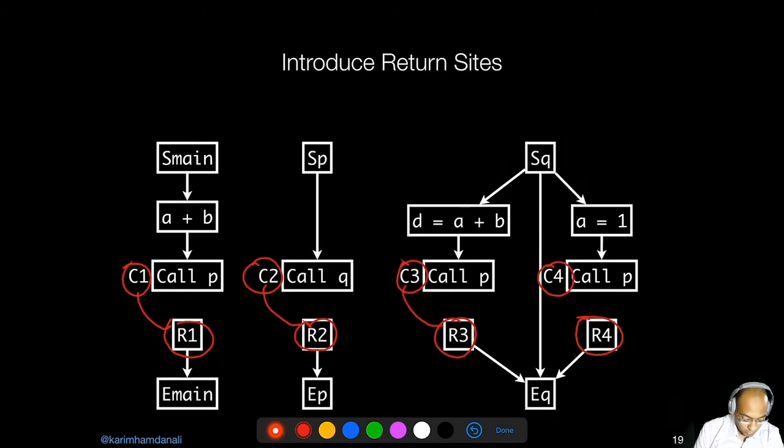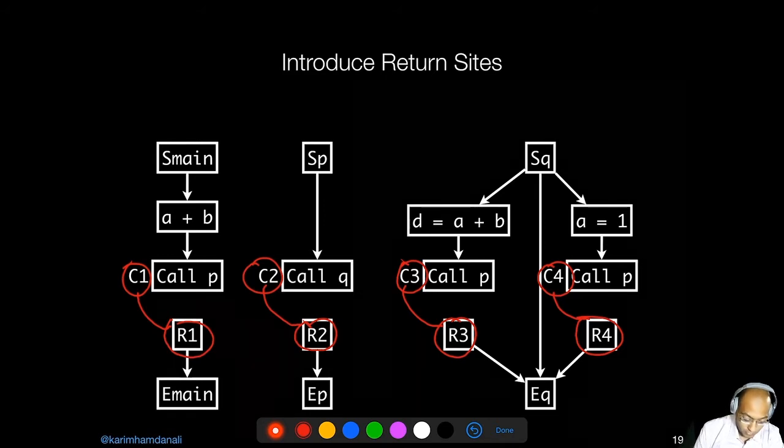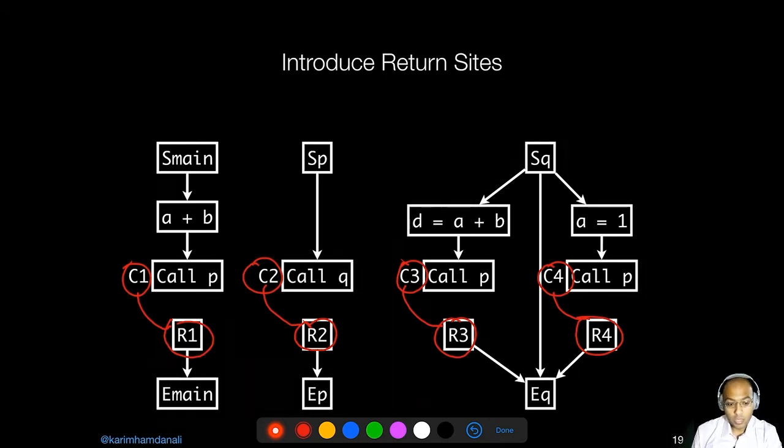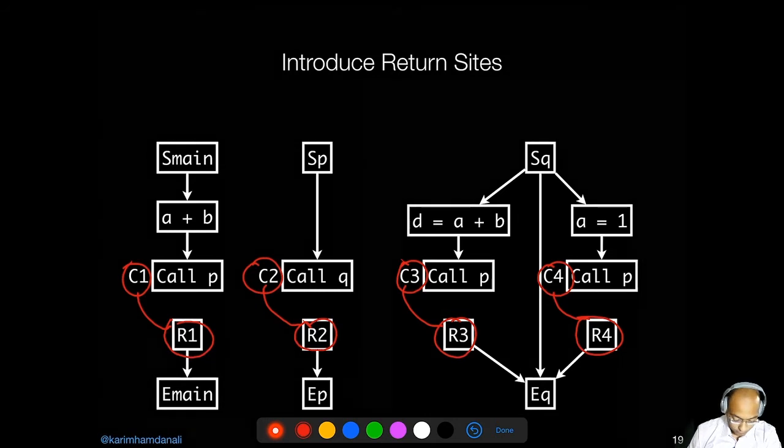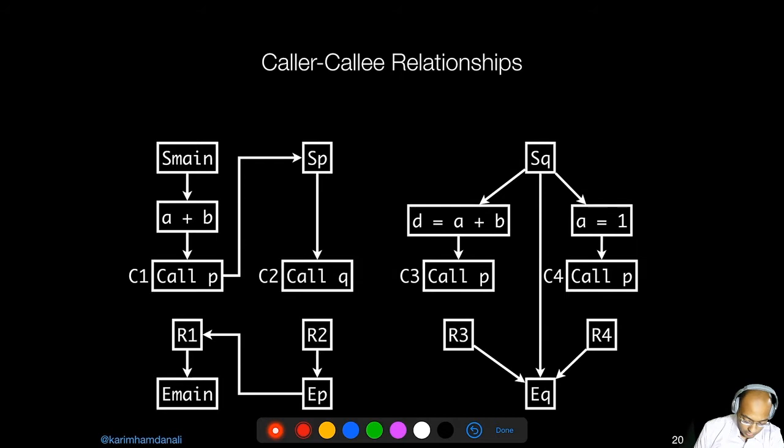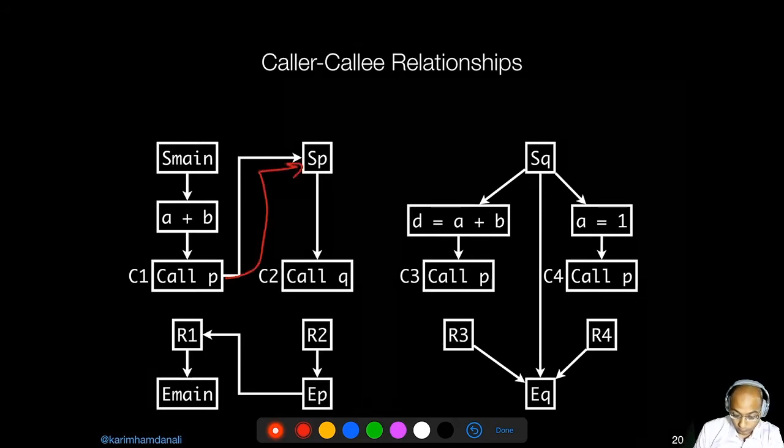And now I need to connect every call node to the start point of the corresponding method that it dispatches to, and the return of that method, the end of that method, to the return site of that same calling node. So here in this case we have call P, I'm going to connect that to SP. I am going to see the end, connect that to R1.